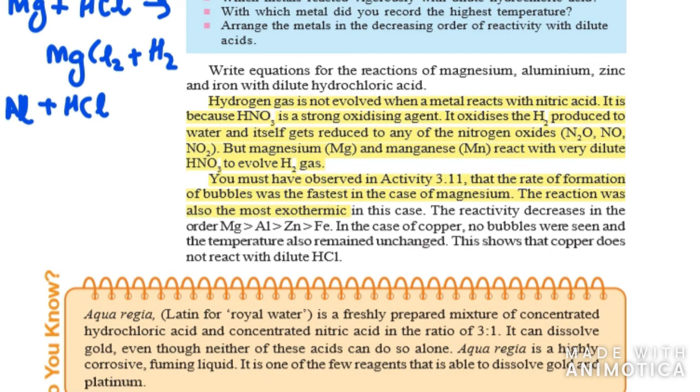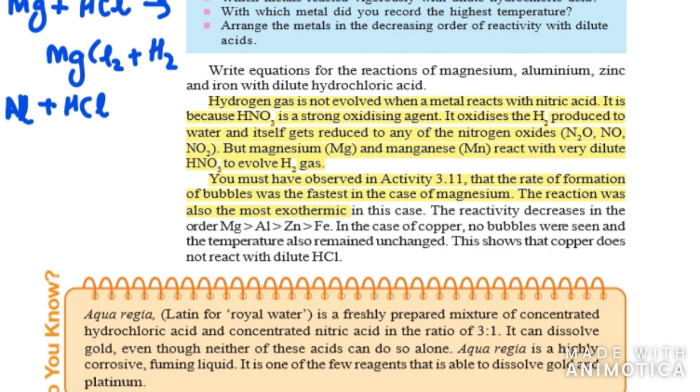But if we take copper, it is the least reactive. Least reactive means it won't react with HCl. There won't be any formation of bubbles there. So this is about how metals react with acid. They form salt and hydrogen gas, but there are some exceptions to it.